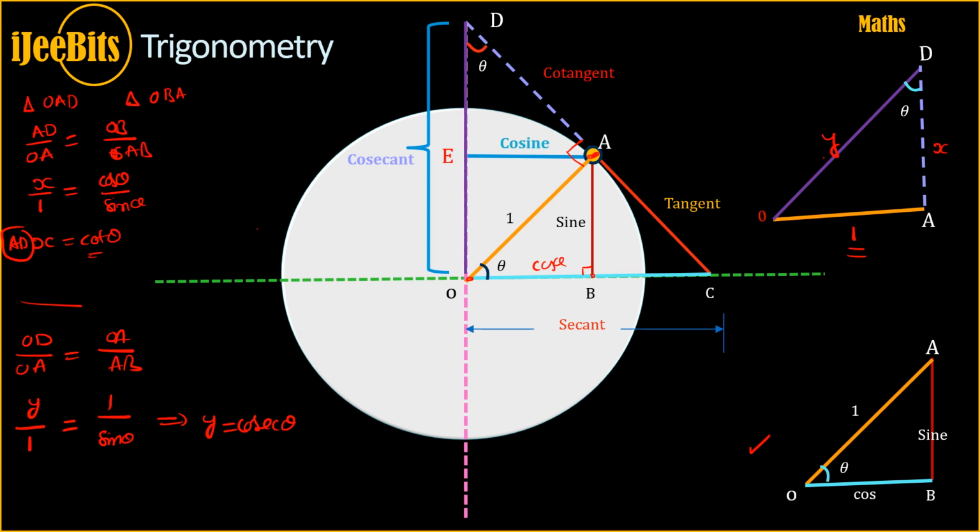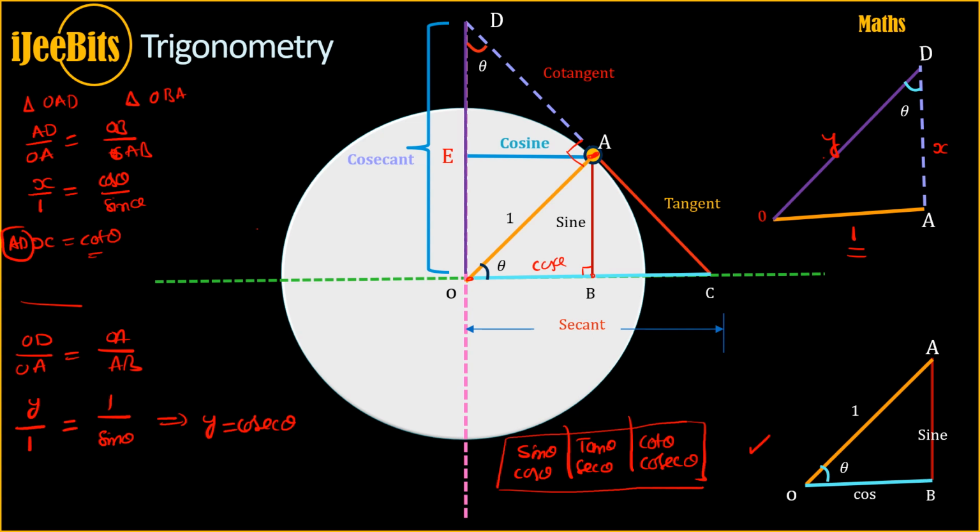So what happens now? We got sin theta, cos theta, then we have tan theta, secant theta, then we have cot theta and cosecant theta. So all 6 trigonometric ratios can be found from this visualization diagram, right?